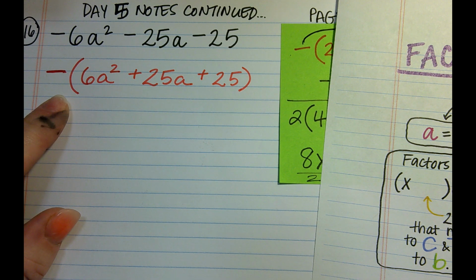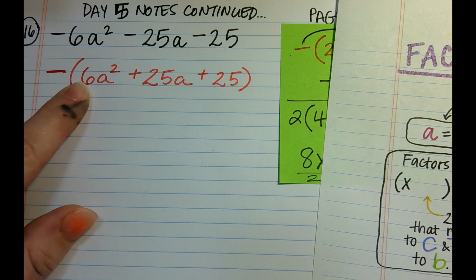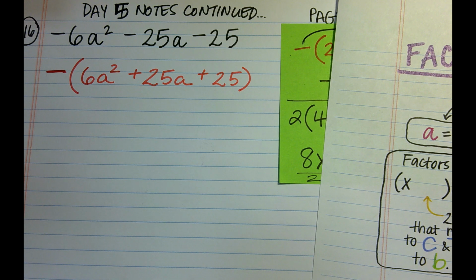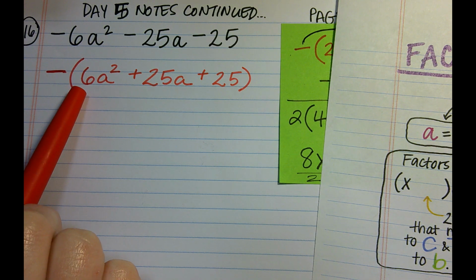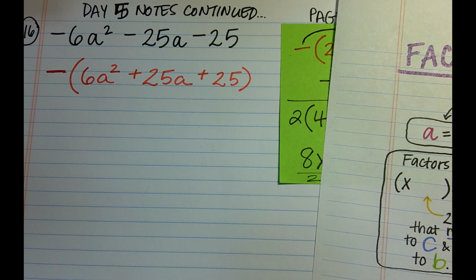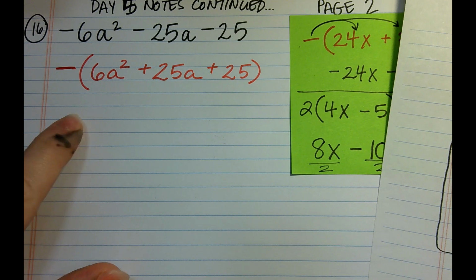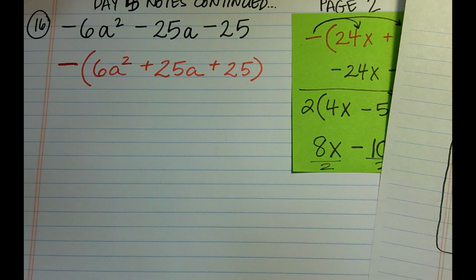No. Can I divide them all by 3? No. By 4? By 5? By 6? No. Once I've reached my smallest number, 6, I know I can't have a greatest common factor. So, because there is no greatest common factor, now we do include it in our factor pairs.